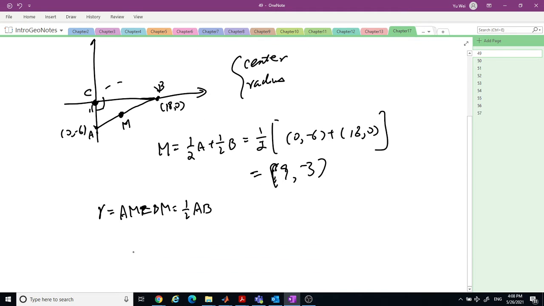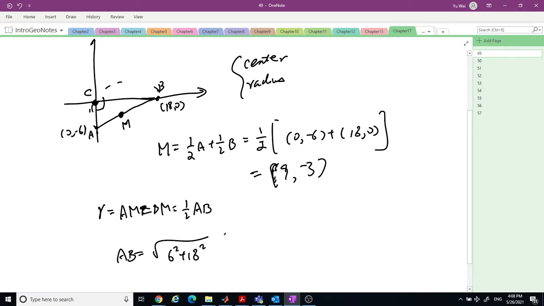So now let's solve for AB. AB, per the Pythagorean theorem, will be the square root of 6 squared plus 18 squared.